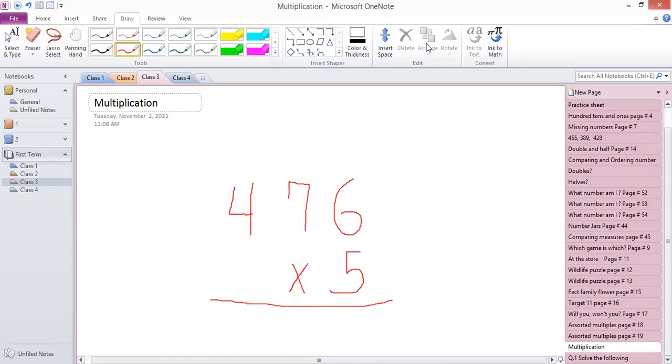You have to answer it in the chat. Any method you can use to solve. By any method you solve, the answer must be correct. 476 by 5. This is what you have to find out.